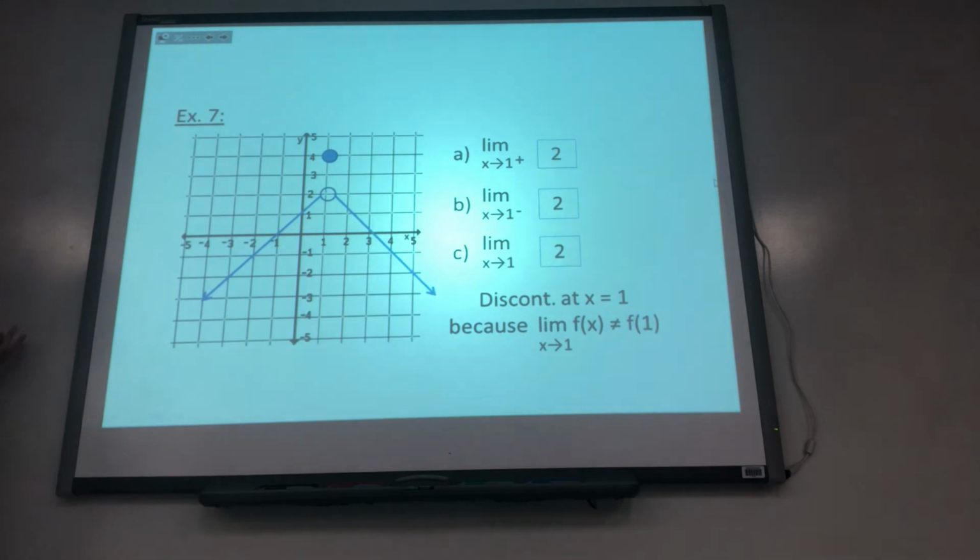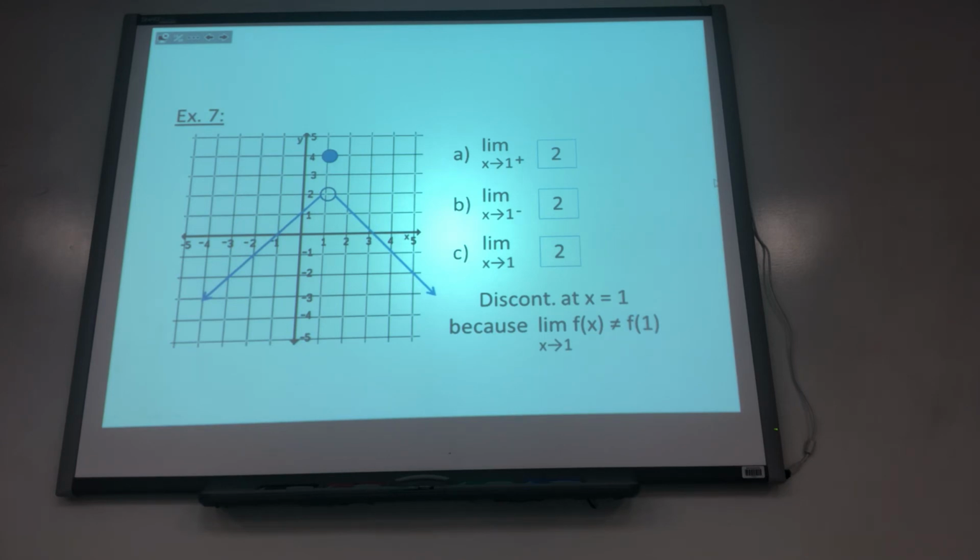So there we go, discontinuous at x equals 1 because the limit as x approaches 1 of f of x does not equal f of 1. Very good. So it's basically continuous everywhere except for that x value of 1.